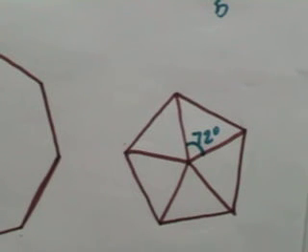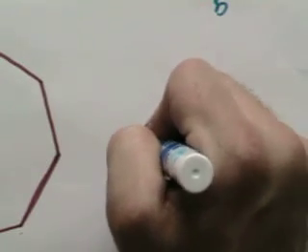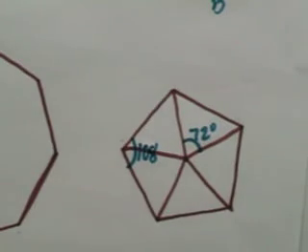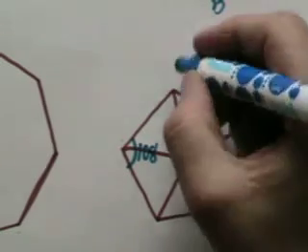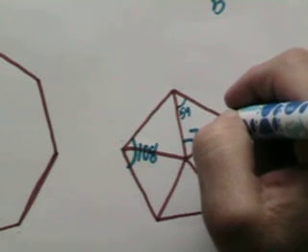That gives me 108, which by the way tells me that one of these angles right here is 108. Divide that by 2 and I'll get 54. So I know that each of these angles is 54 degrees.